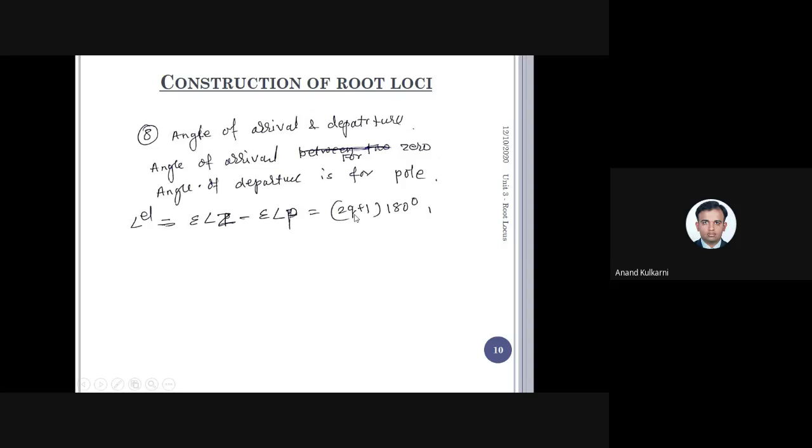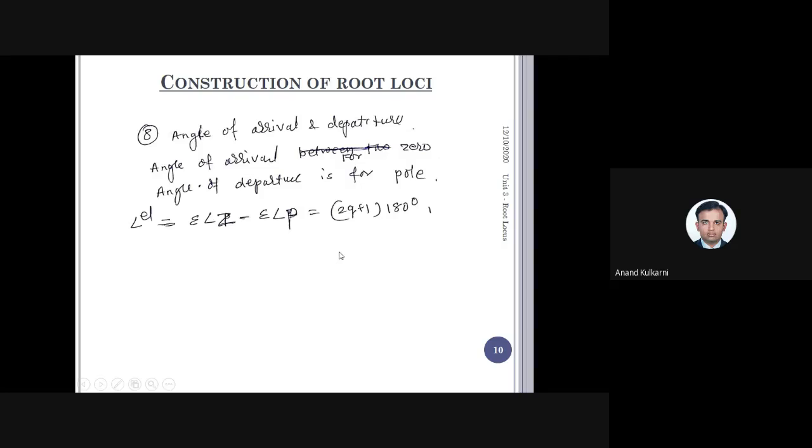If you put q is equal to 1, it will become 3 into 180, that is 3 pi. If q is equal to 2, it will become 5 pi. Q is equal to 3, 7 pi. Q is equal to 4, 9 pi, like that. That means it can take any odd value in terms of pi: pi, 3 pi, 5 pi, 7 pi, 9 pi, like that. So don't bother much about that. You have to end up in only 1 pi, that is 180 degrees only.